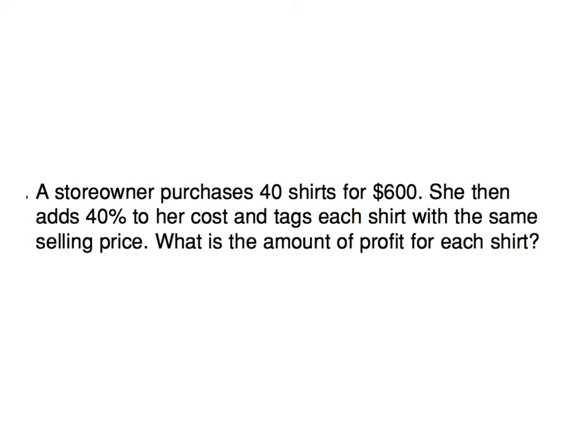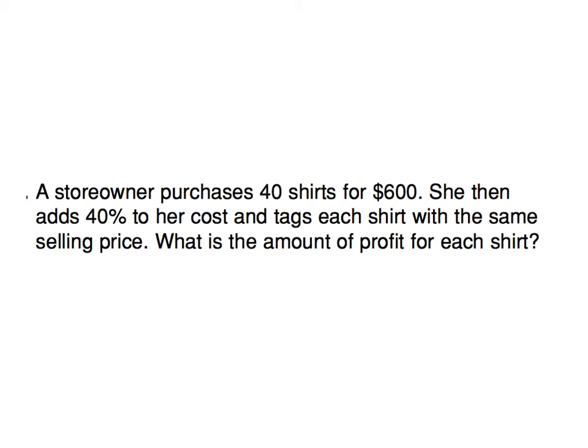Now, what is the amount of profit for each shirt? So what we need to do is divide 840 divided by 40. So each shirt sold for $21. So let's remember that number, $21.